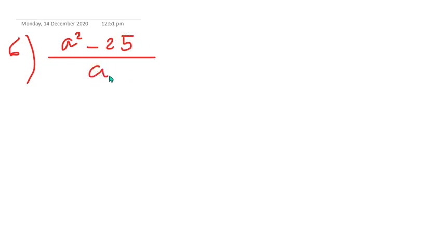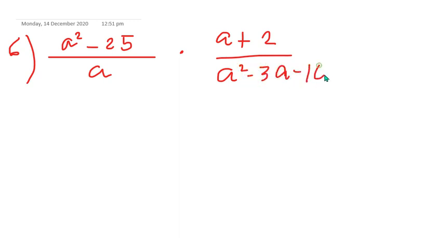Okay, the sixth example, we have, again, in multiplication, a squared minus 25 over a, times a plus 2 over a squared minus 3a minus 10.